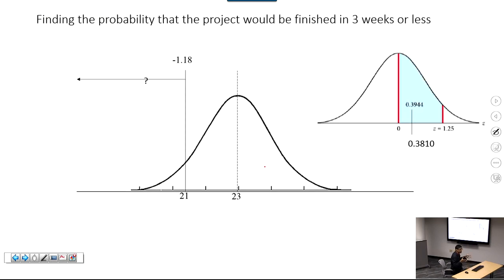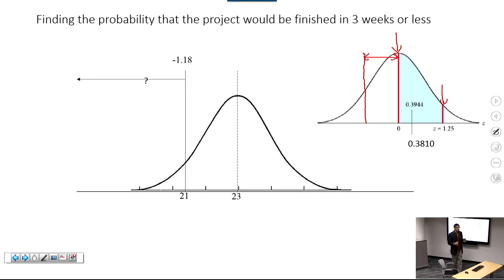The way the normal table is arranged, when you look up a value, it gives you the area between whatever z you are interested in and the average of the bell curve, right? So that's the area you get if it's positive z. If it's negative z, then it's giving you the value to the left of the bell curve, right? So that's what you get if z is negative.